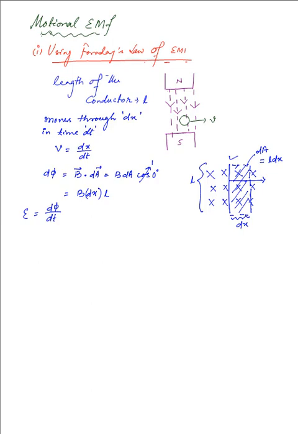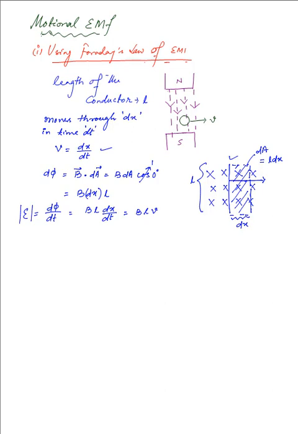So this is equal to B, the L comes back to its place, and dx over dt, and dx over dt as we know is v, so this is BLv. Now this will be the magnitude. As per Faraday's law, we can give the magnitude over here.